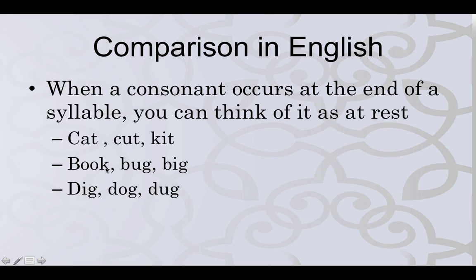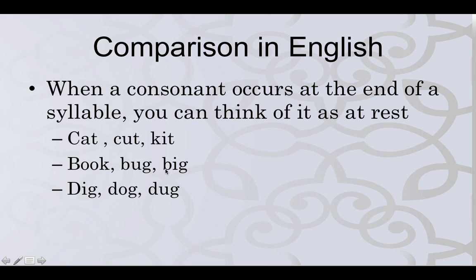Book. Single syllable. This consonant is being moved by these two vowels, but the final consonant in this syllable, which is the K, is at rest. Bug. B is the consonant being moved by the U, but the G is at rest.